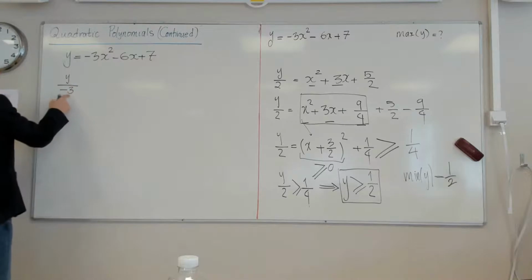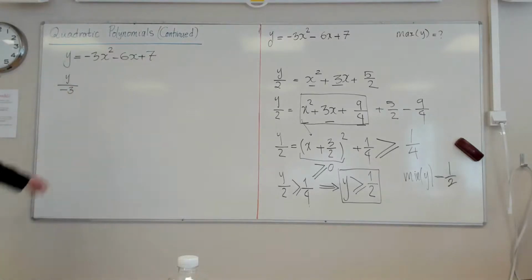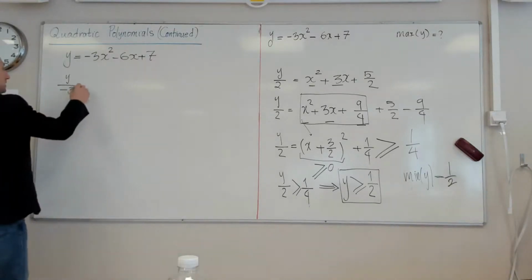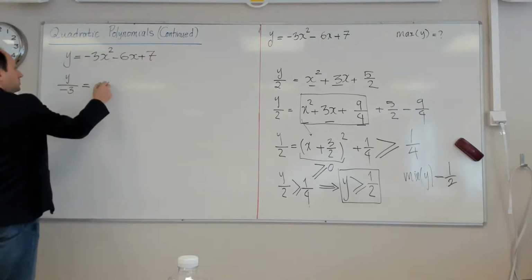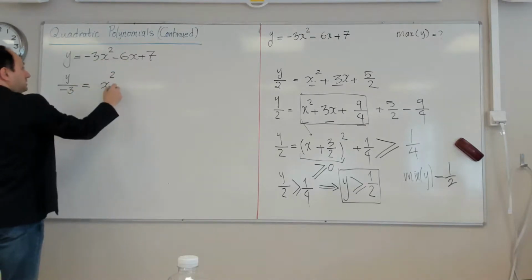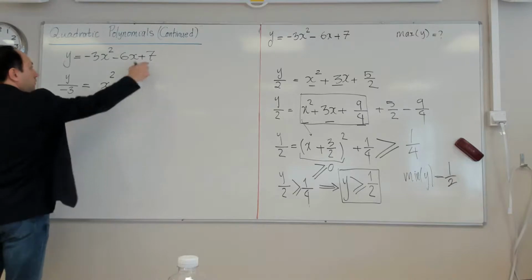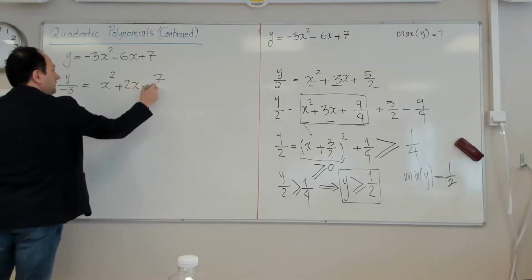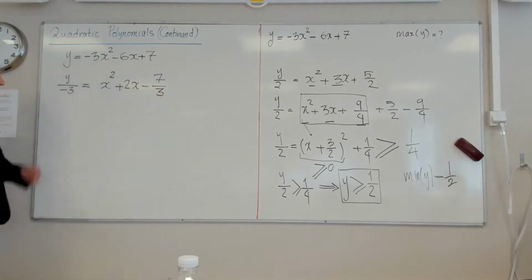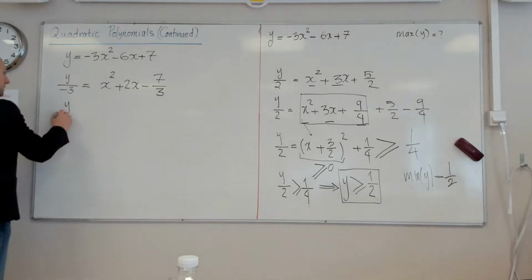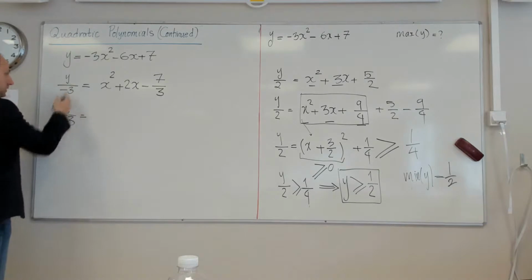Then I will tell you what is the importance here. Y divided by minus 3. What happens for this is x squared. What happens for this is positive 2x. What happens to this? Unfortunately, I have to deal with fractions. But this is very simple now. So it becomes y minus 3, I have to repeat this.